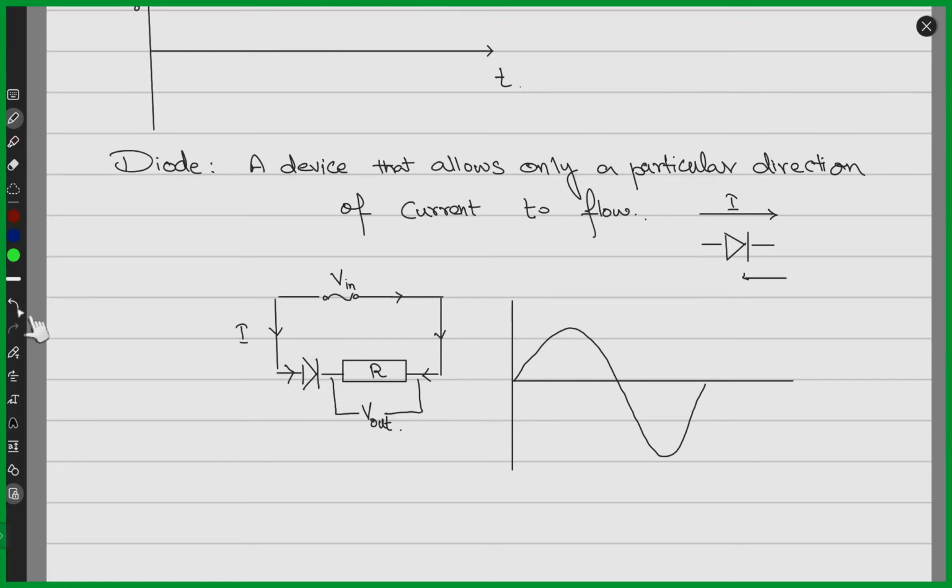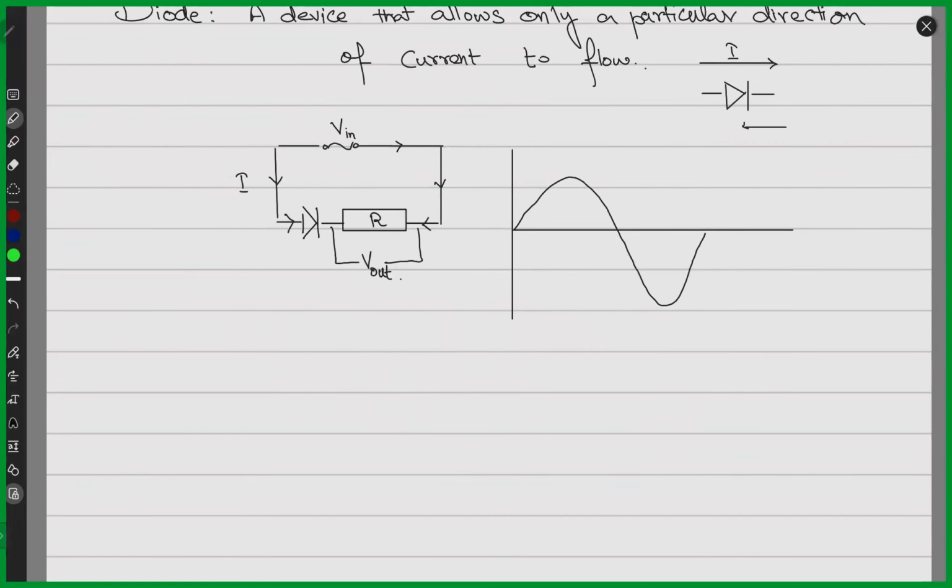So for this circuit, if I draw this axis, this is T, this is V. The current flows in one direction, and there is some potential drop happening across the resistor R.